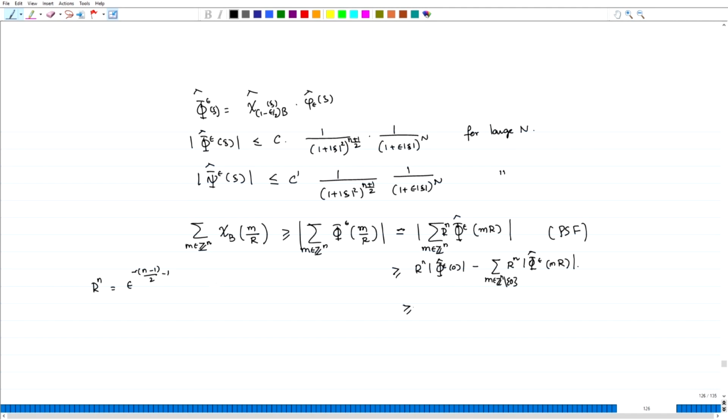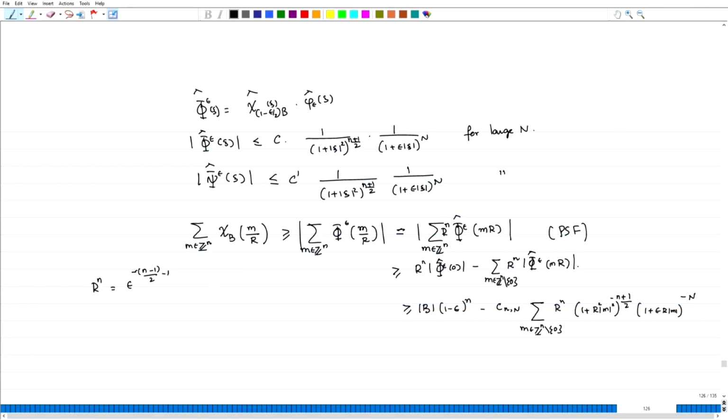So this can be the volume of the ball B times 1 minus epsilon to the power n, and minus some constant, you will get the decay property of the phi epsilon, the sum over m in Z^n minus 0 of r to the power n times (1 plus r modulus m) to the power minus (n plus 1) by 2 into (1 plus epsilon r modulus m) to the power minus n.